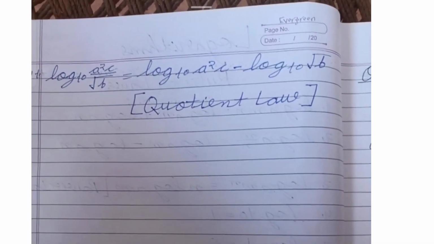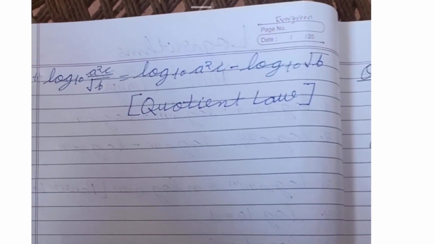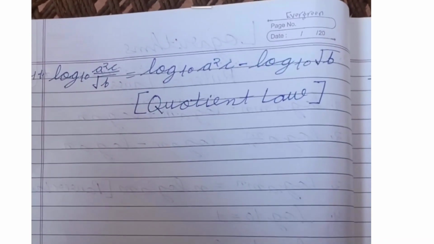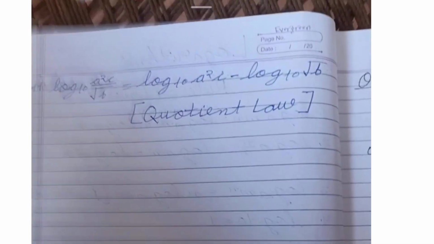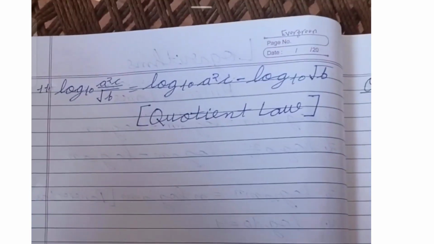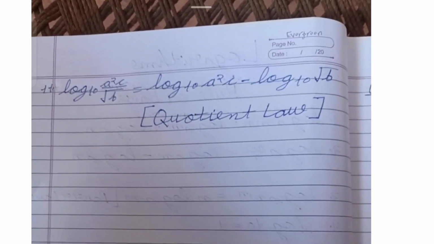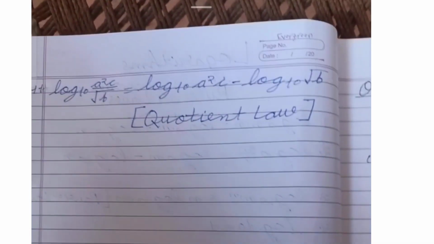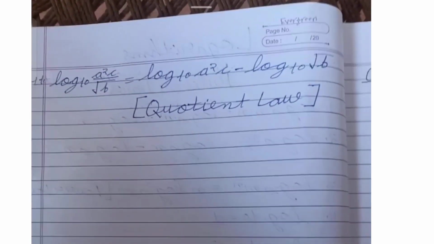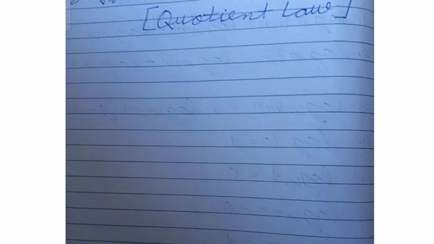These three laws are very important: product law, power law and quotient law. I hope you have understood all three laws. Now we will solve the questions, and after solving the questions you will be able to understand this chapter very easily. I will tell you every question related to logarithm.